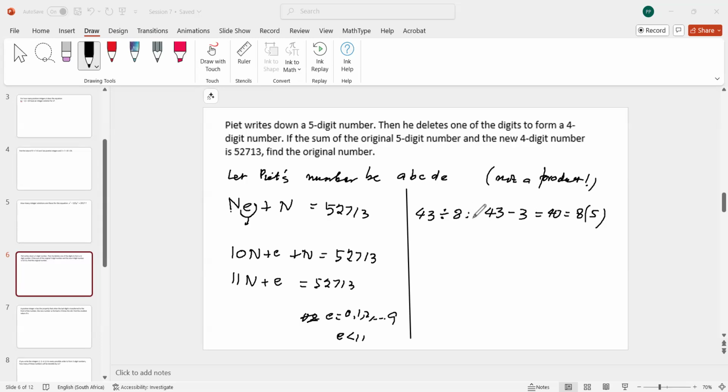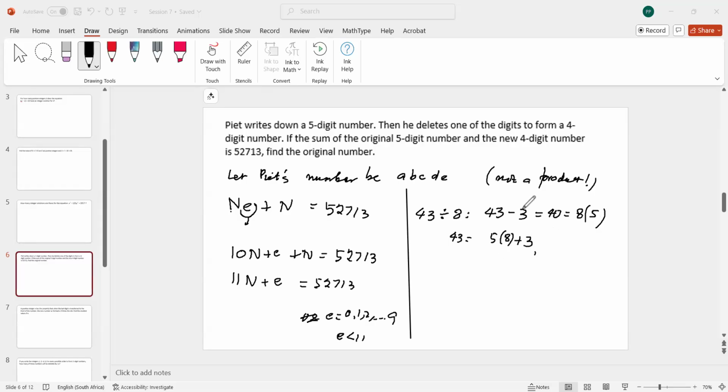I'm going to repeat that. When you take away the remainder from 43, you will have a multiple of 8. So in other words, 43 is equal to 5 times 8 plus 3. Right?